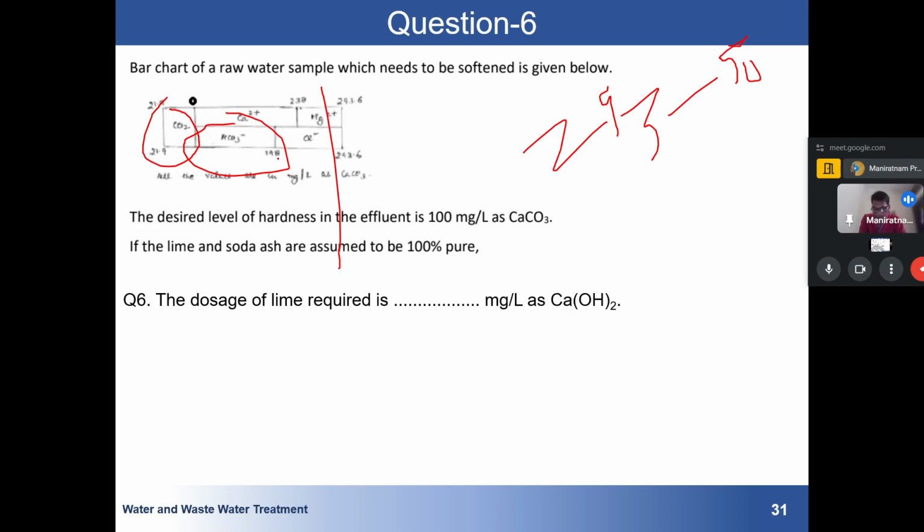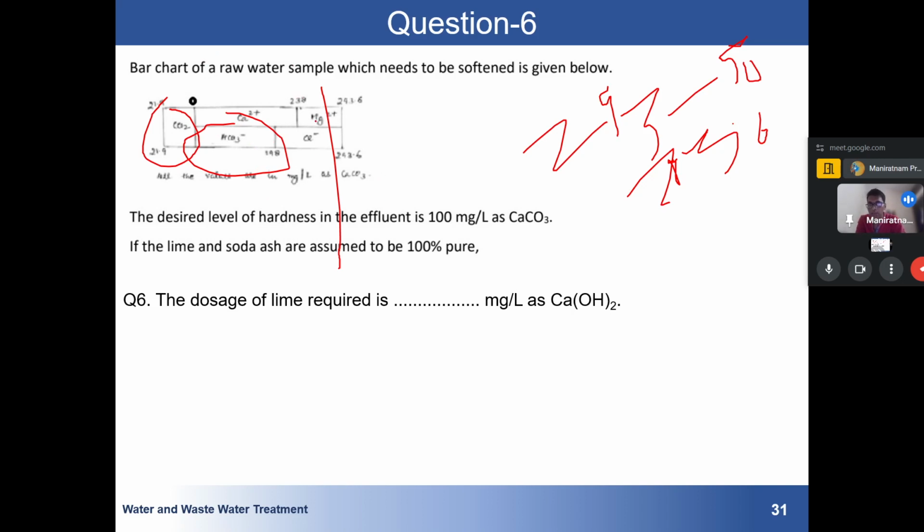From 293 I have to go down to 50, so 243 hardness I have to remove, 243.6, out of which 21.9 is due to this CO2, and 198 is due to this calcium carbonate hardness. So how much is left? 21.3.